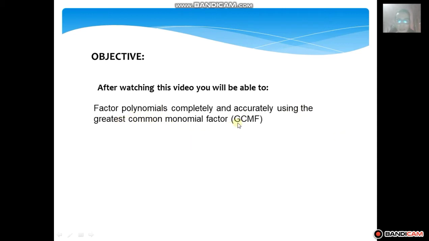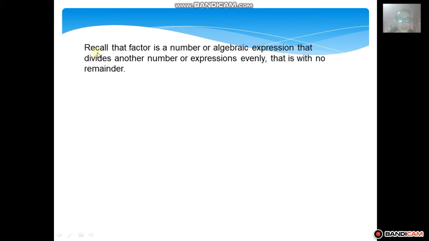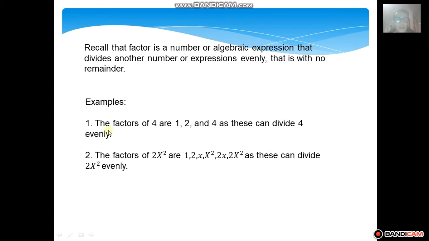or the GCMF. Okay, let us recall that a factor is a number or algebraic expression that divides another number or expression evenly, that is with no remainder. Examples here. Number 1, the factors of 4 are 1, 2, and 4, as these can divide 4 evenly.